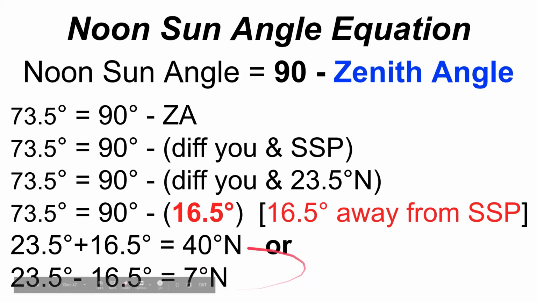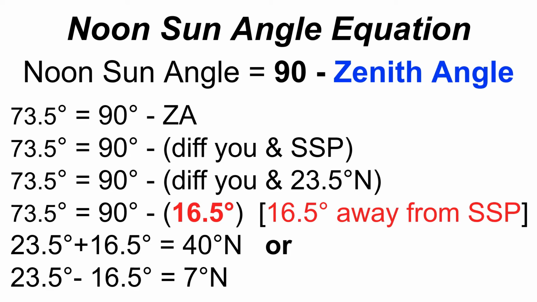So if the subsolar point is 23.5, you could either be 16.5 degrees farther north or 16.5 degrees farther south. So those 2 options for us to be are either 40 degrees north or 7 degrees north, because both of those are getting the sun at a 73.5 degree angle because they're both 16.5 degrees away from where the subsolar point is.